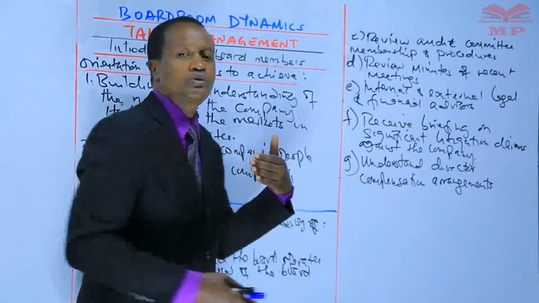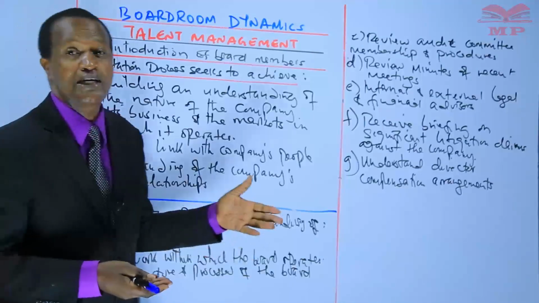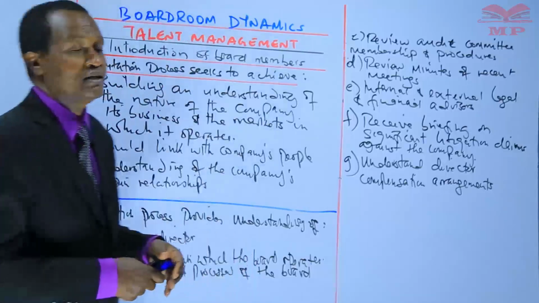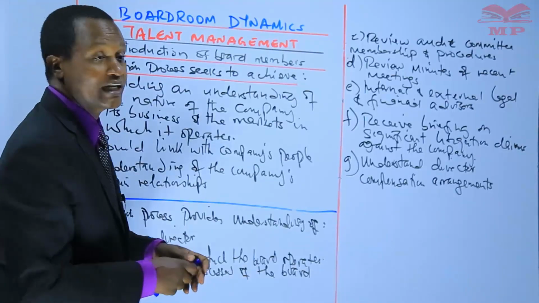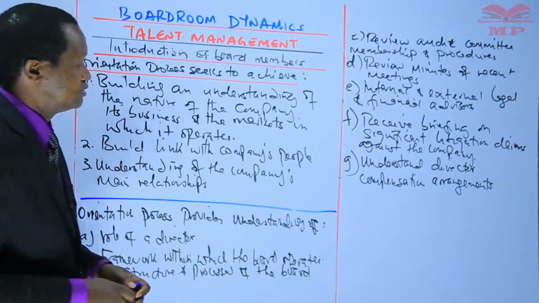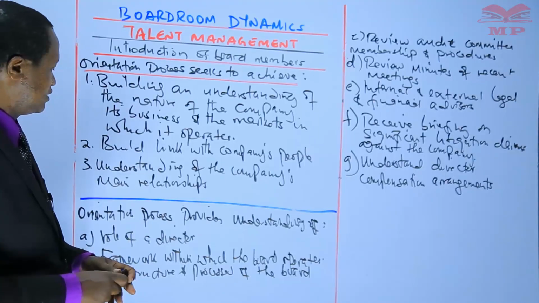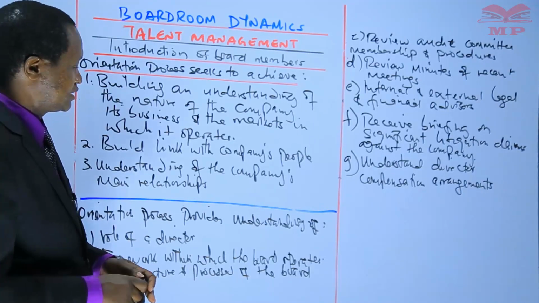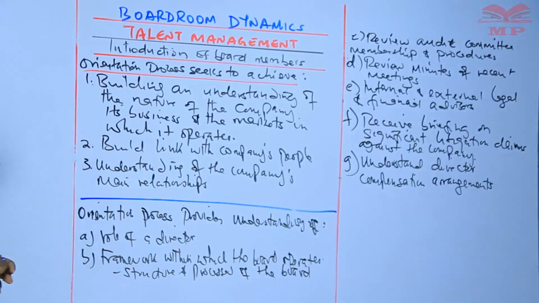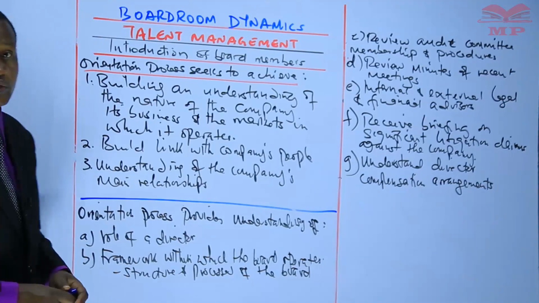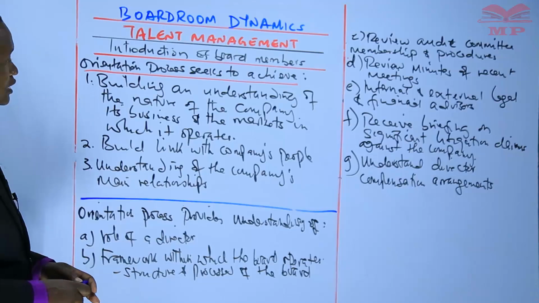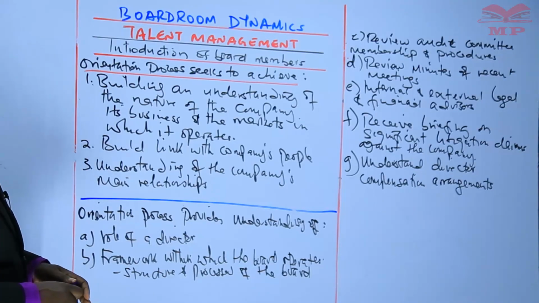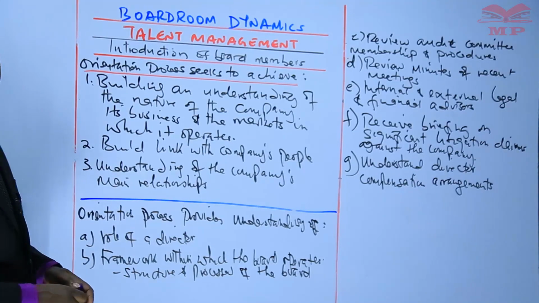Is it commensurate with the risk that he is likely to undertake in the process of carrying out his responsibilities on the board? So these are some of the areas that a new board member needs to be introduced to.